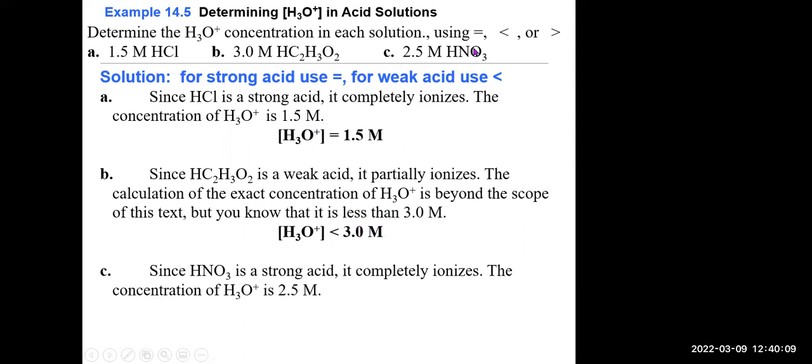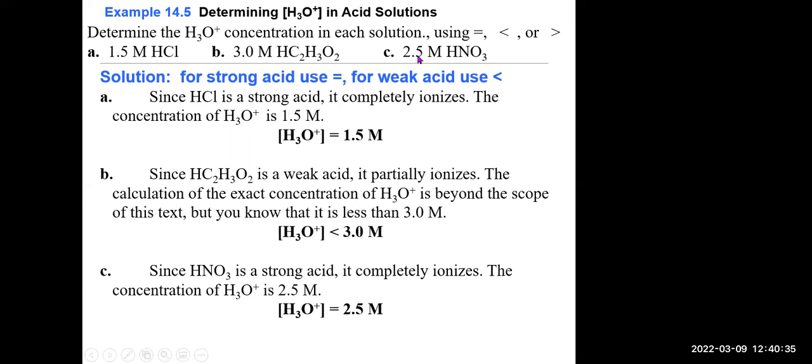And the last one is a strong acid that is monoprotic, so it will be equal. Since HNO3 is a strong monoprotic acid, it completely ionizes, and the concentration of the H3O+ is the same as the acid concentration that is given.